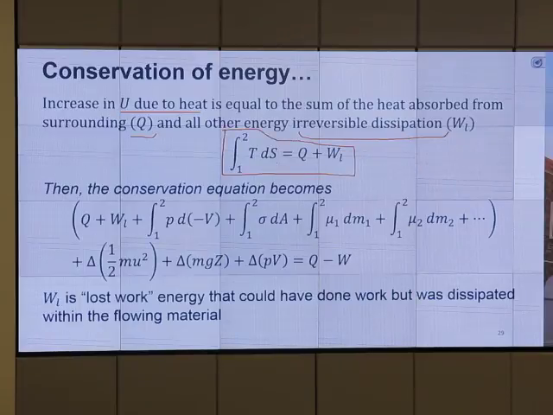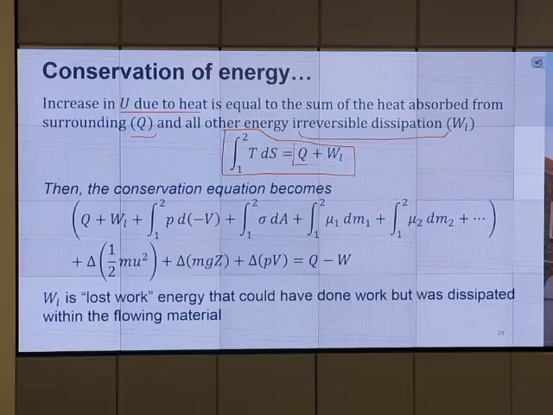How can we have the temperature change? How can temperature go up? Temperature should go up because of work or friction. WL is a loss, right? Irreversible dissipation, which is kind of friction, right? And Q is the heat from the surrounding. So those things cause the temperature to go up.